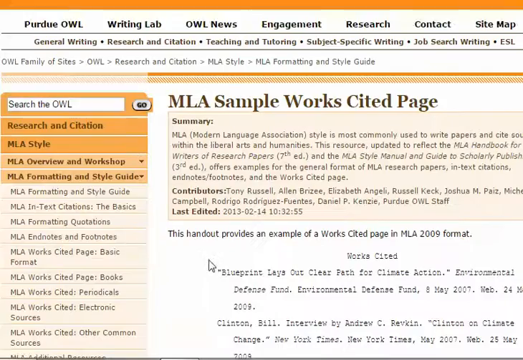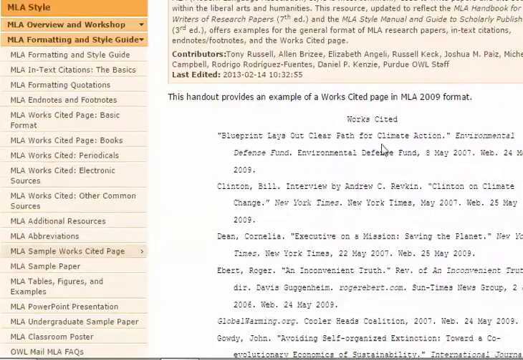Okay, so let's go back to the sample of the works cited page. So you center works cited, and then you put the first line of each of the quotes to the margin, and you then indent the rest of it. 3 spaces.